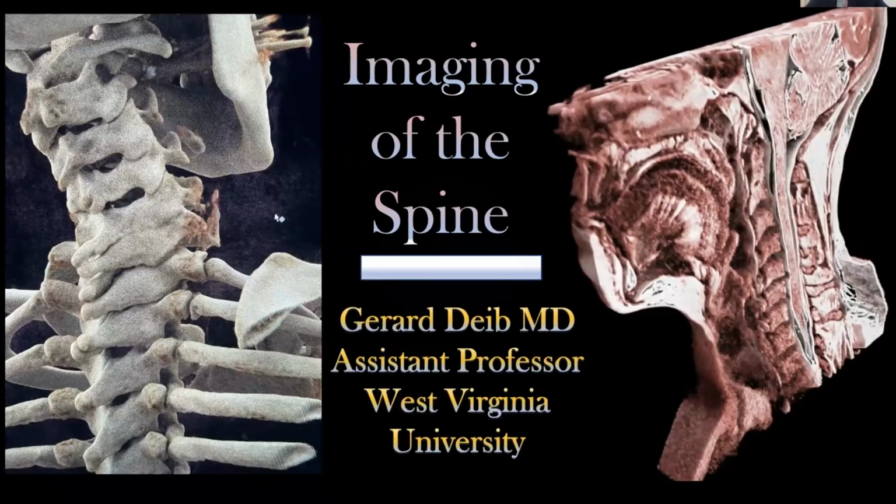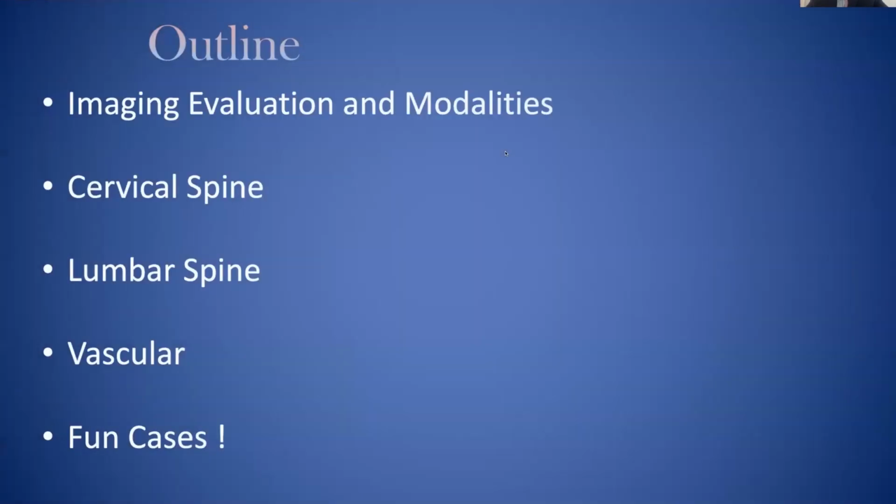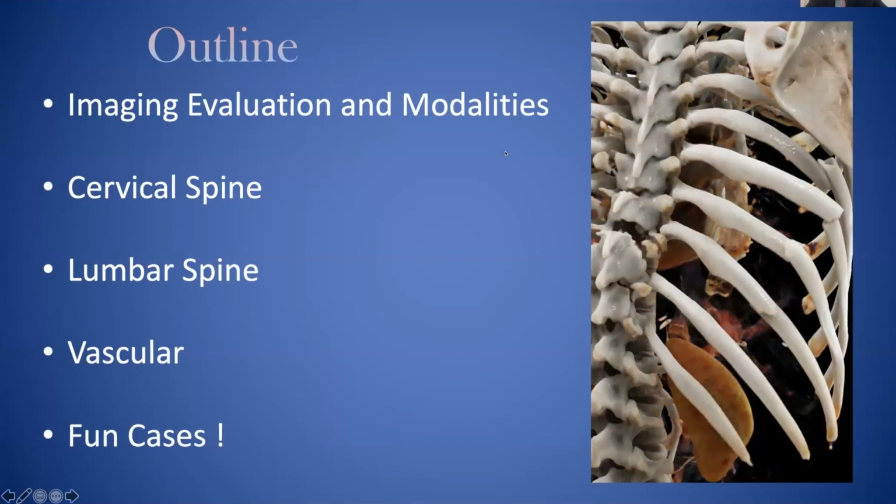So this talk is broken into two parts. The first part is a discussion on what an imaging evaluation is, and where it fits into the broader context of the clinical evaluation of a patient and patient management.